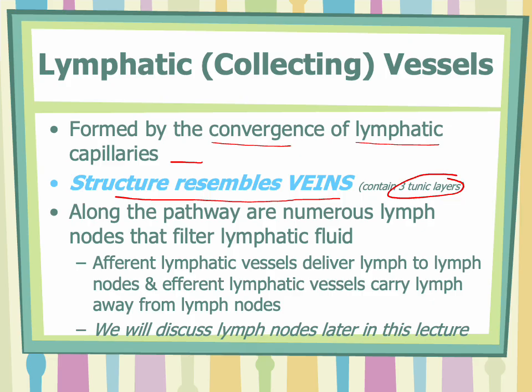And they are connected to lymph nodes, okay? Those are gonna enter the lymph nodes as afferent lymphatic vessels into the nodes, and then they will go out as efferent lymphatic vessels, going in, going out of the lymph nodes, okay?